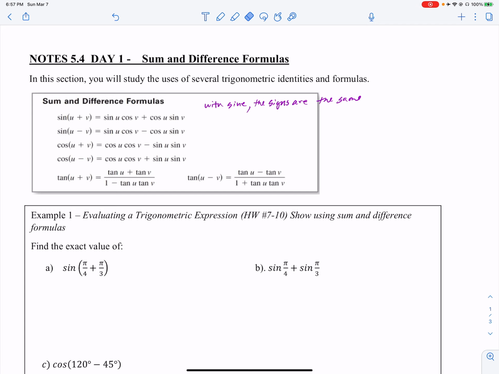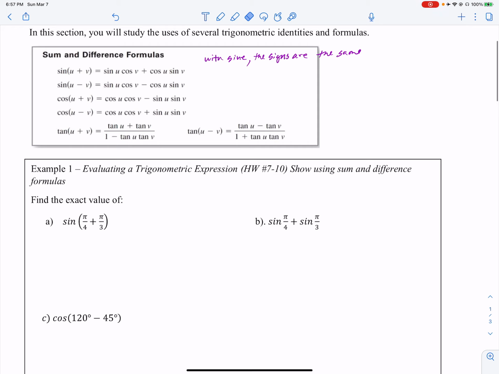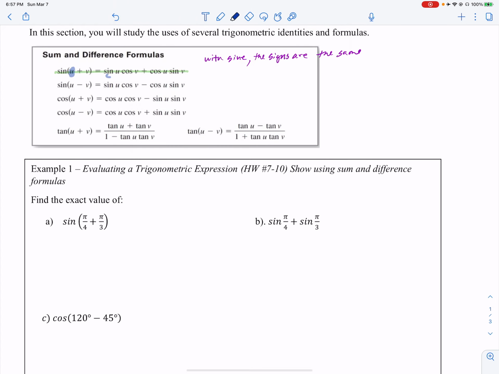So find the exact value here in example 1 of sine of pi fourths plus pi thirds. Well, this is a sum of two angles, and so I want to follow this one right here. Where I see u, that pi fourths is going to be u. So as I start writing this out, this is going to be sine of u times cosine of the other angle.